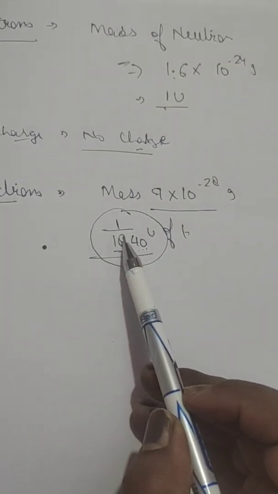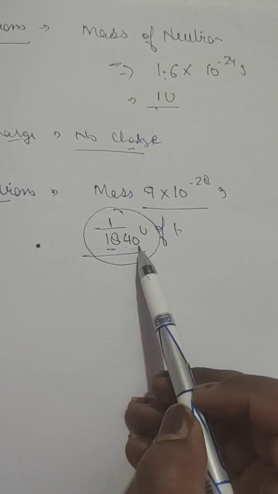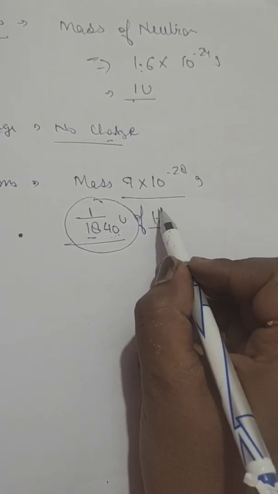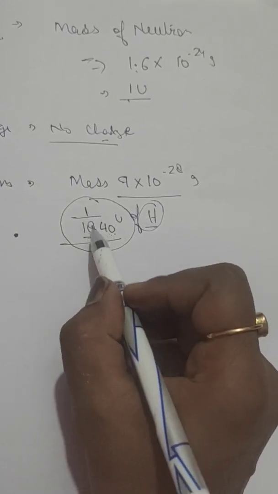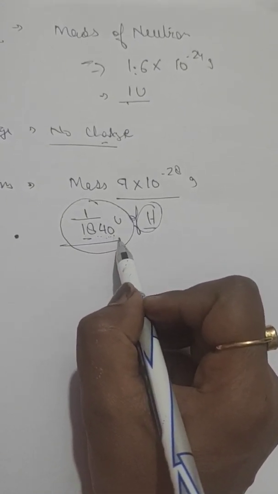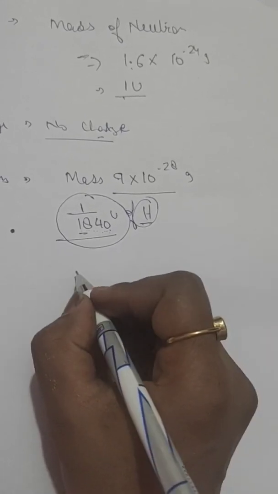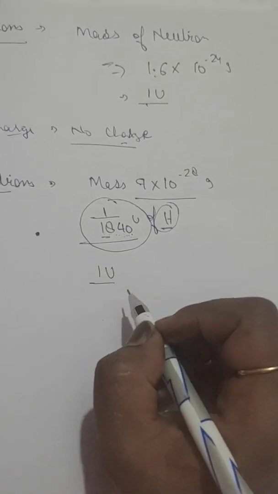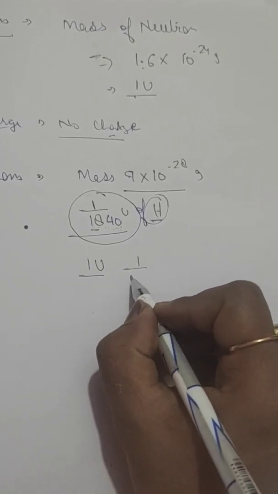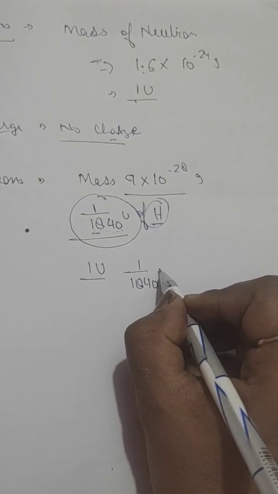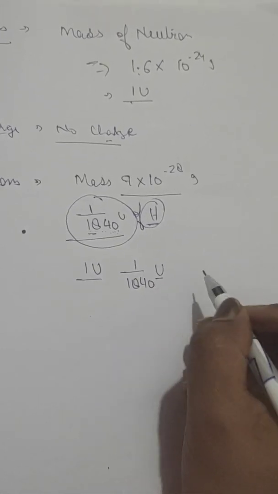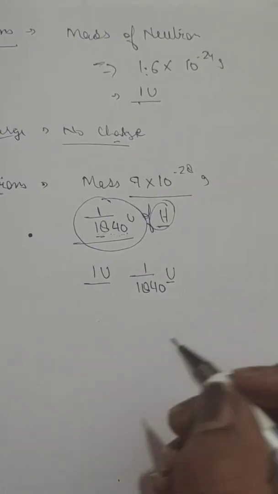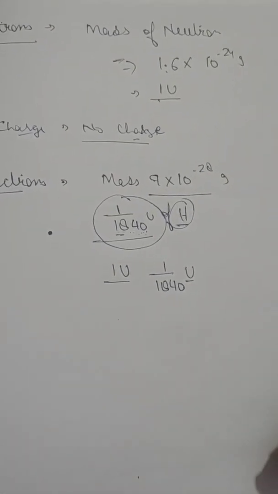The mass of an electron is 1 upon 1840 part of the mass of hydrogen, and the mass of hydrogen is 1u. So the mass of an electron is 1 upon 1840 part of u. It is very much less than 1, so it is almost negligible. So the electron does not have any mass.